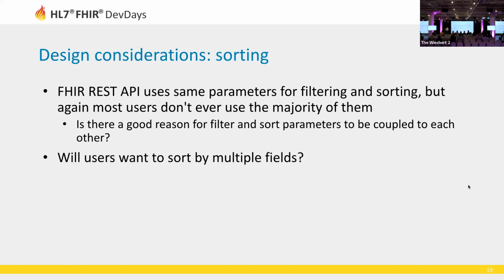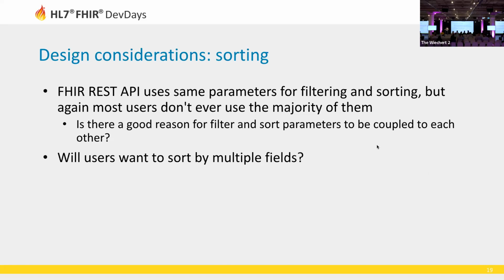On sorting, I noticed that the GraphQL on FHIR spec doesn't contain the word sort or order in any way, so it seems to be missing from the spec, and I'm not sure if that's intentional. But in any case, we wanted to sort things, so we had to go and ask our users, what do you want to sort by?